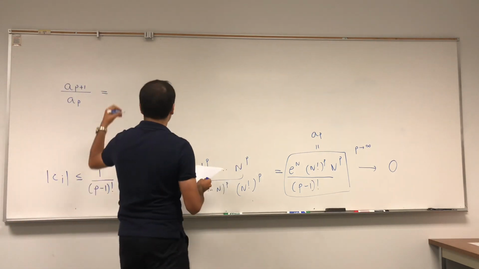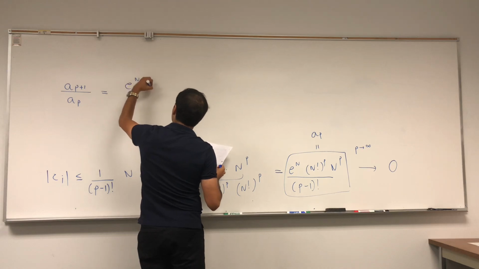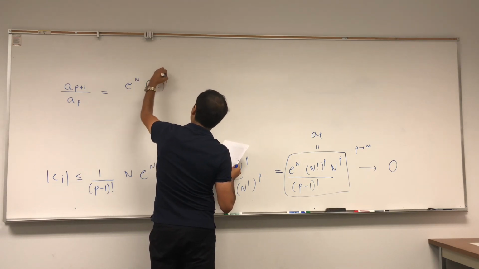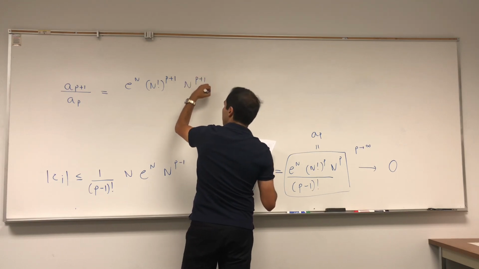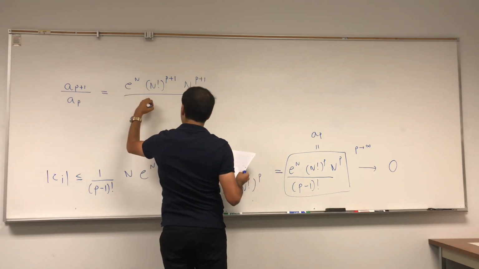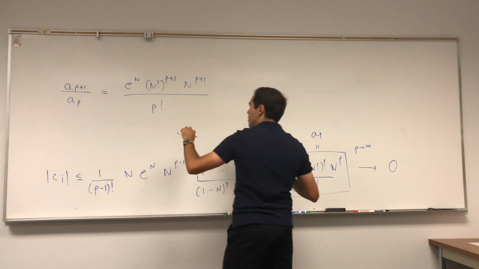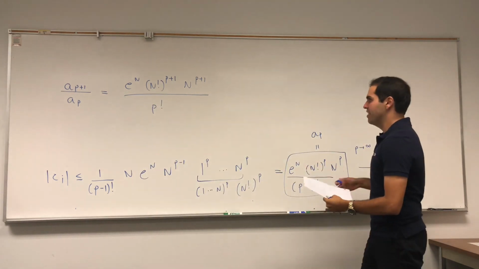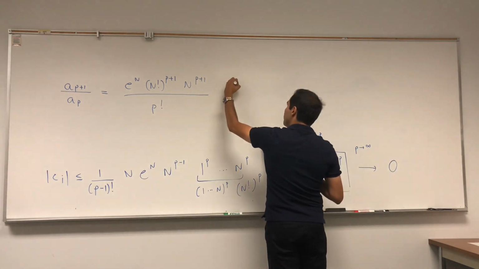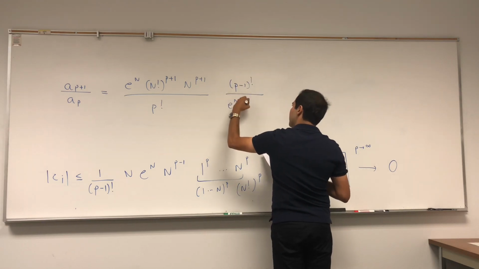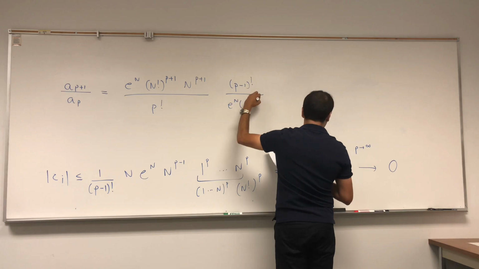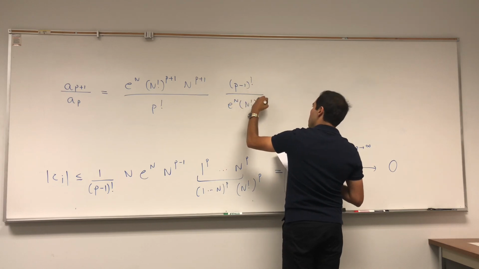What happens is that we get e to the n factorial to the p plus 1, n to the p plus 1, over p factorial, divided by this, so you just flip it, p minus 1 factorial over e to the n factorial to the p, n to the p.